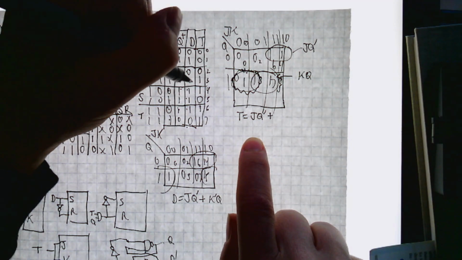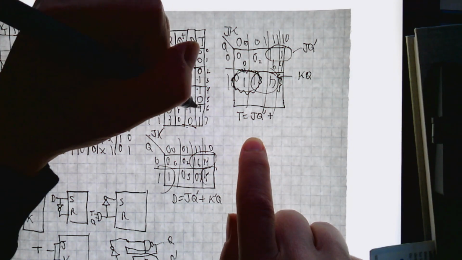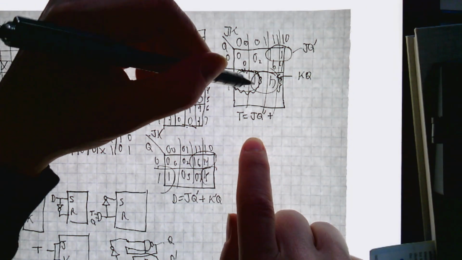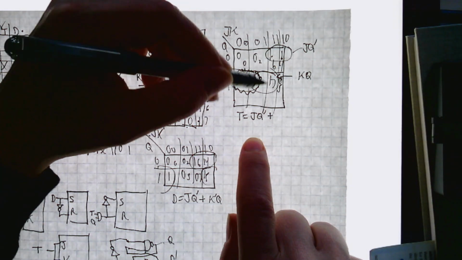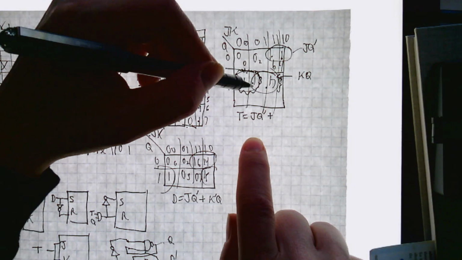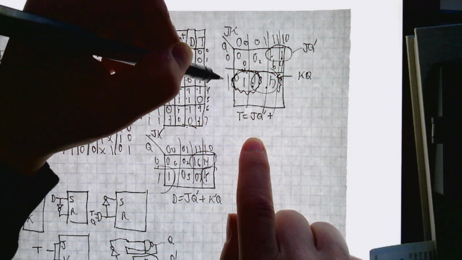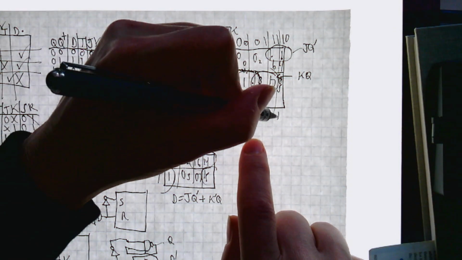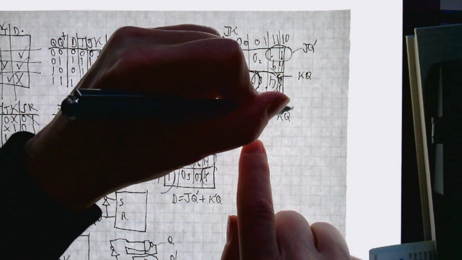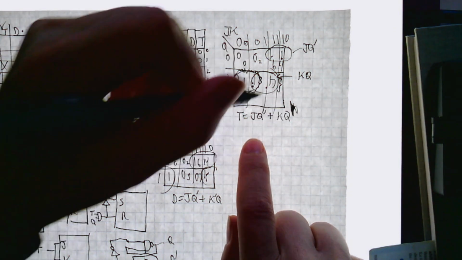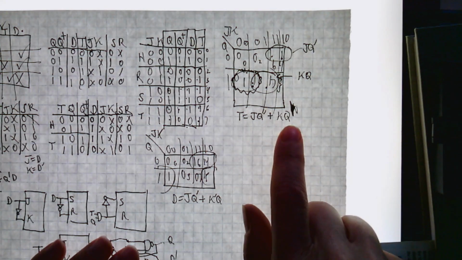So I should see 1s on 3, 4, 6, and 7. So if you loop this, you're going to have K, Q. Yeah, that's right. KQ.